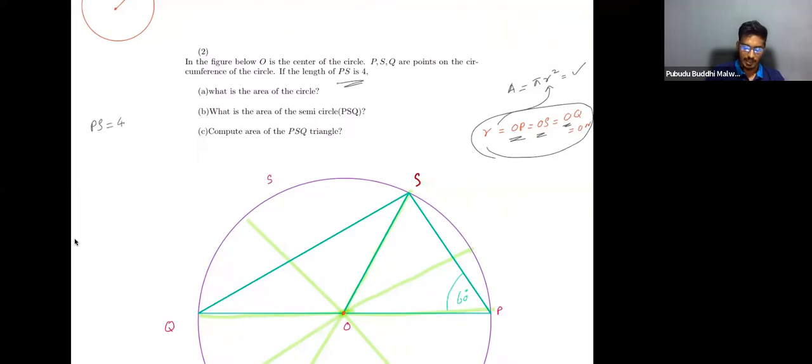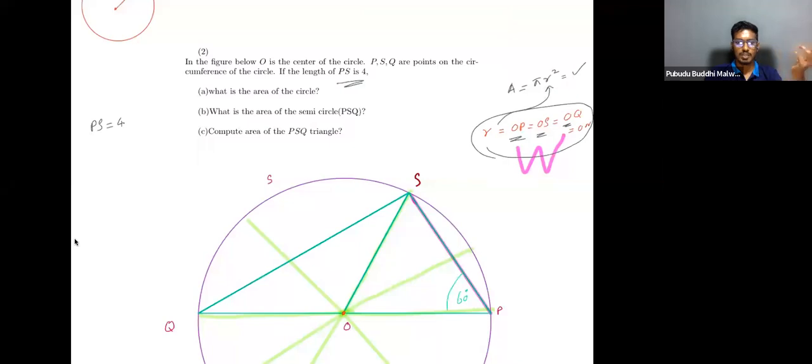PS, that length. Let me mark that using the pink color, this length. That's 4. So clearly to compute a length, we need another length. So right now we have that. How are you going to use that length to compute any of these lengths?